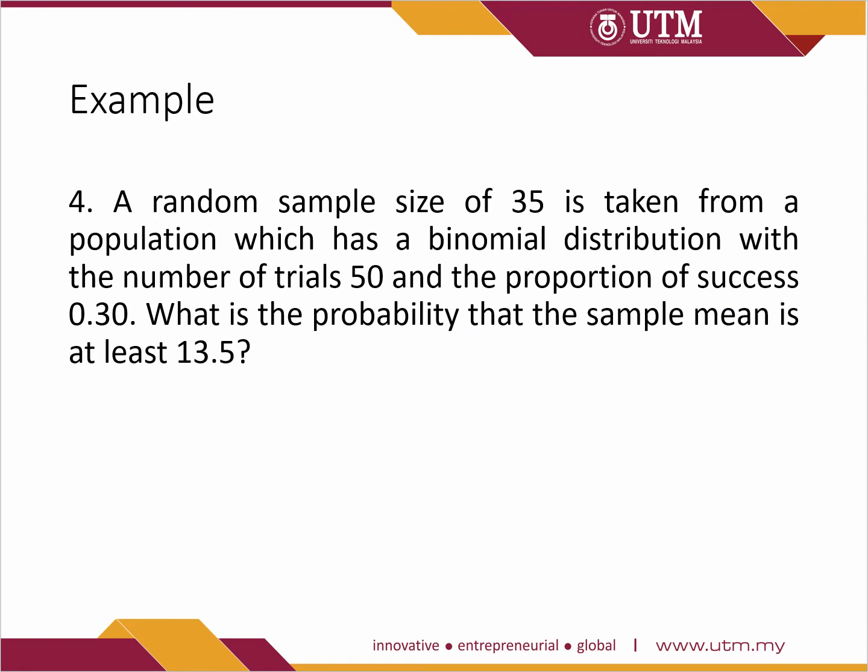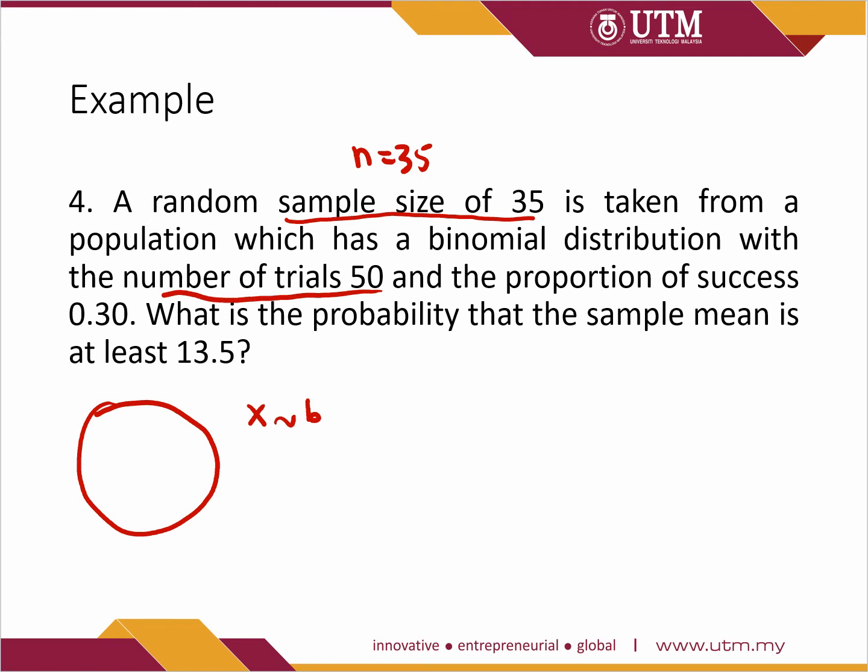Now let's try the last example, a random sample of size 35. So here we have a sample size of 35 taken from a population. Our population has a binomial distribution with the number of trials 50. So this is the number of trials, given that our n is equal to 50.